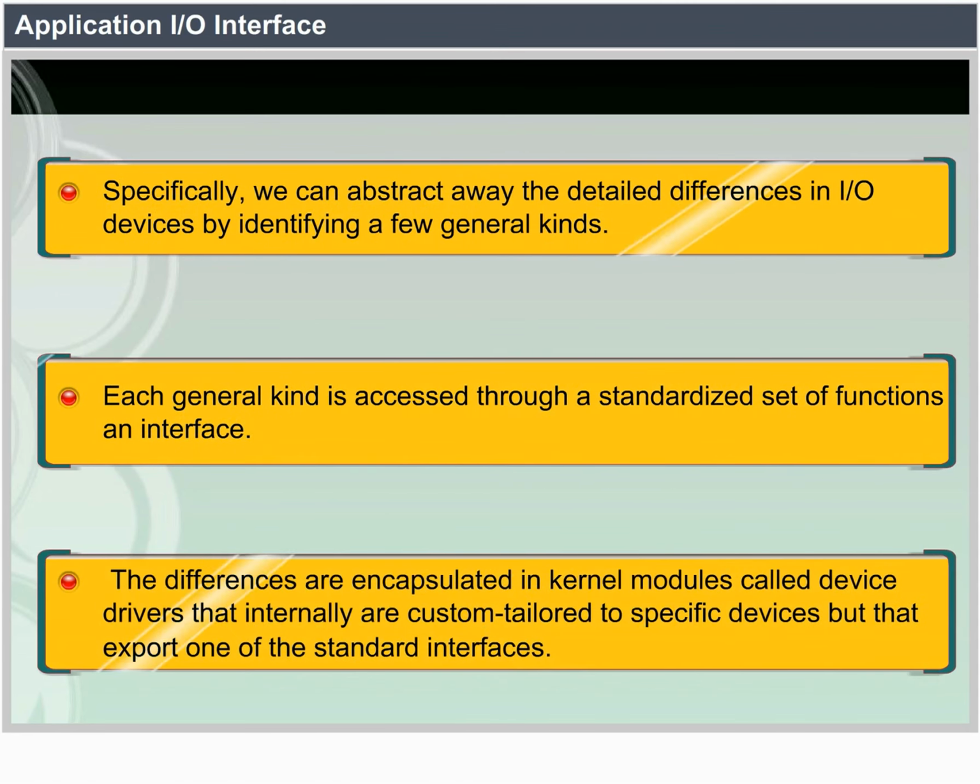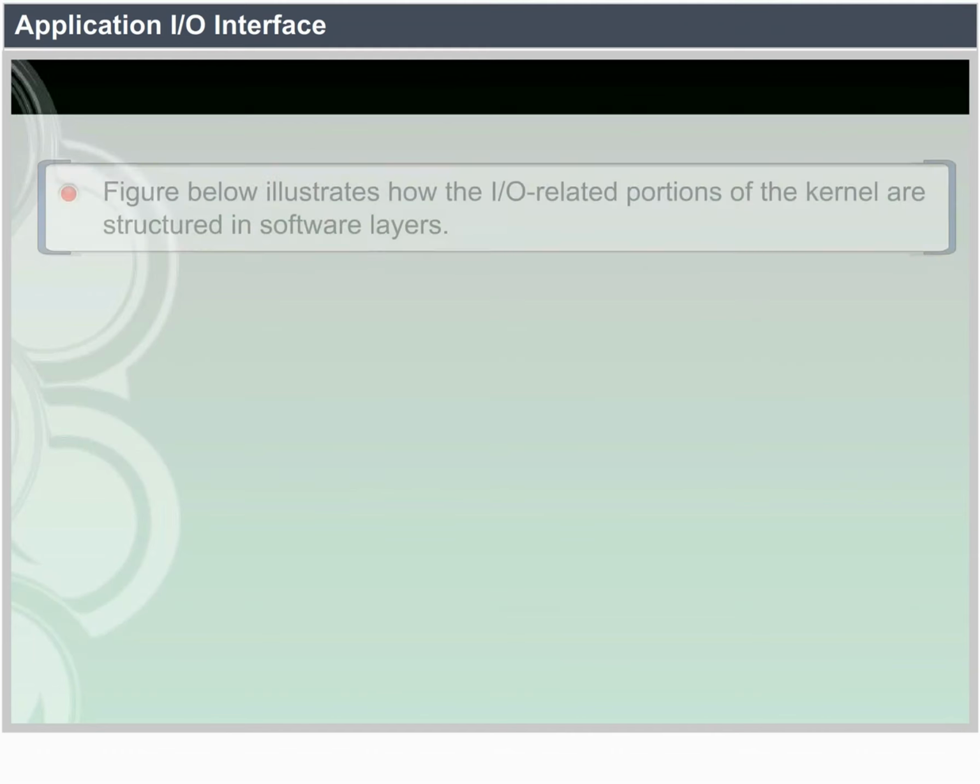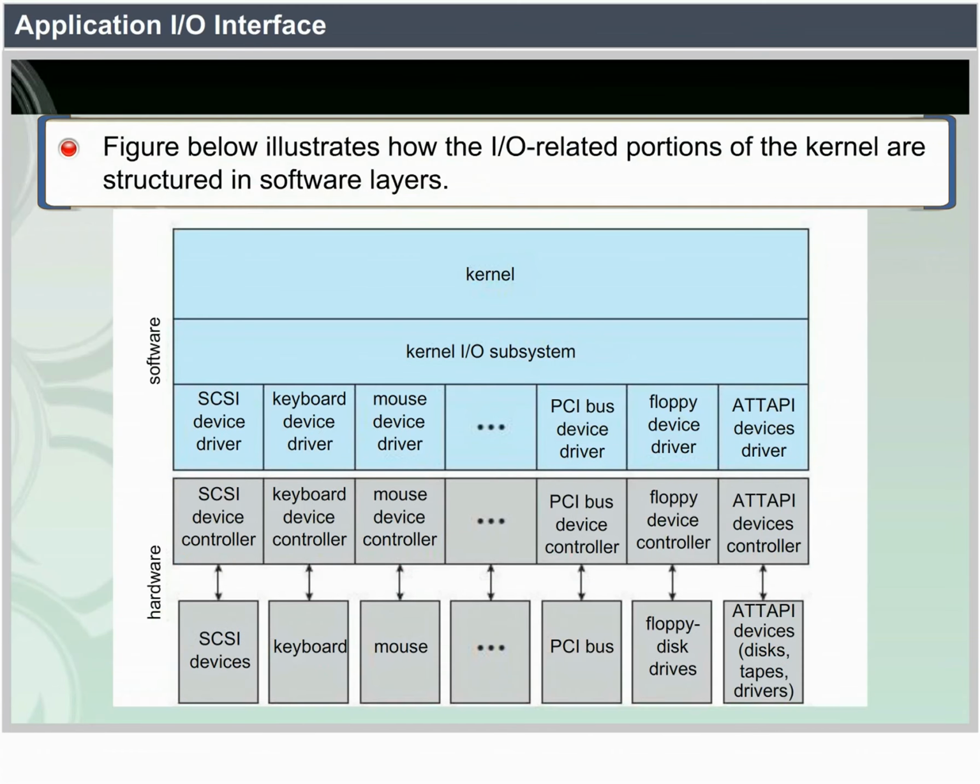The differences are encapsulated in kernel modules called device drivers that internally are custom-tailored to specific devices but that export one of the standard interfaces. The figure below illustrates how the input-output related portions of the kernel are structured in software layers.